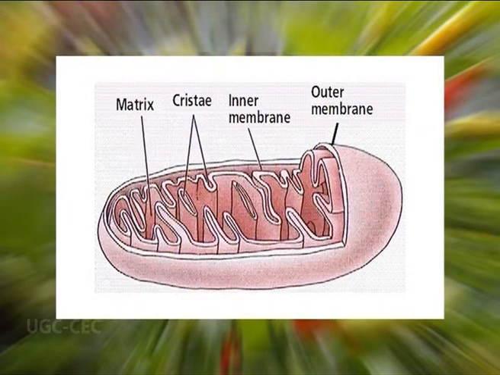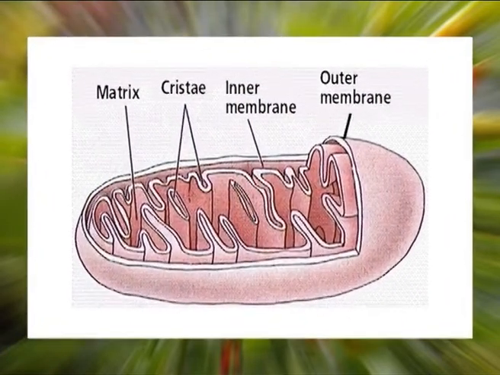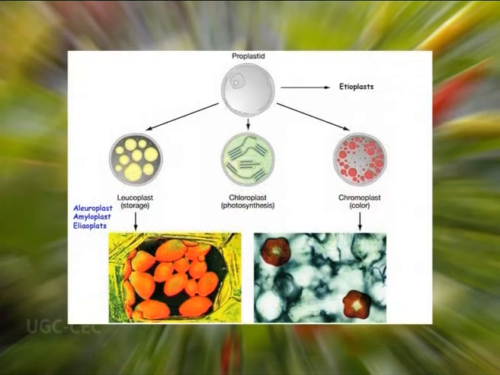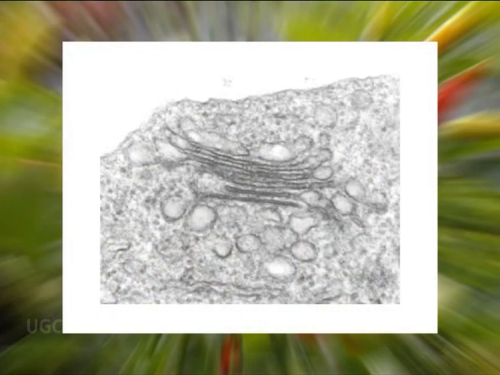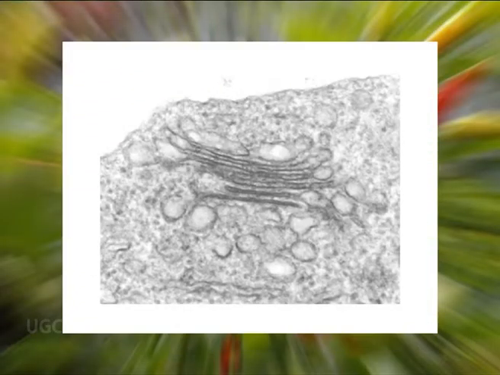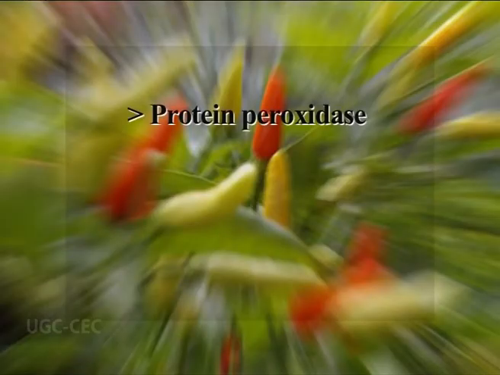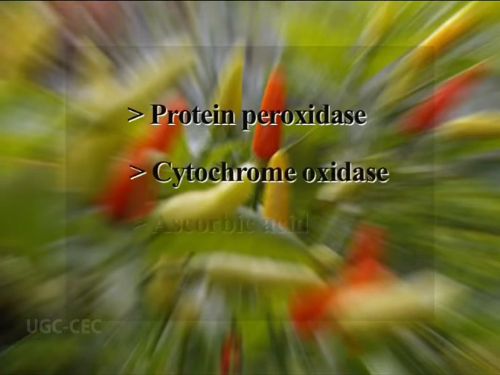The cytoplasm of the antipodal cell is rich in mitochondria, plastids, and dictyosomes. The vacuoles present in the cytoplasm probably originate from dictyosomes or endoplasmic reticulum. Histochemical investigations have shown that the cytoplasm of antipodals has a high concentration of protein, peroxidase, cytochrome oxidase, and ascorbic acid.